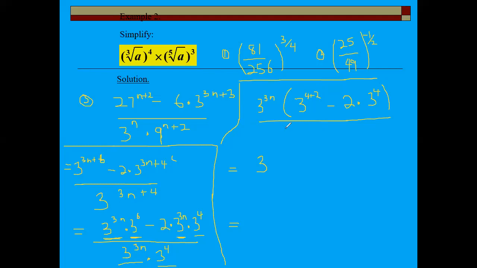We bring the 3 raised to the power 3n outside the bracket in the denominator term, so we are left with 3 raised to the power 4 in the bracket. If that is the case, then it means that we can easily cancel out, since we have like terms. 3 raised to the power 3n can cancel out 3 raised to the power 3n.